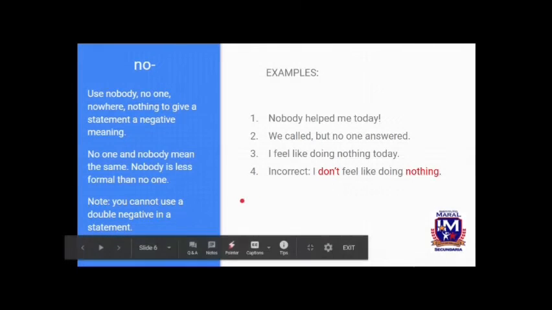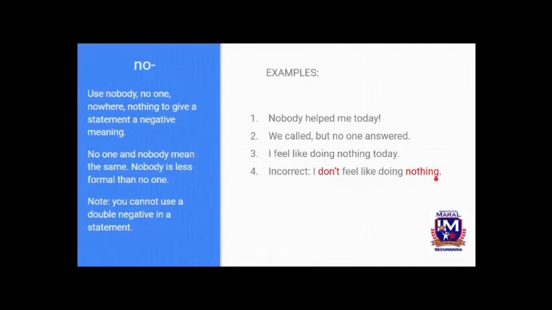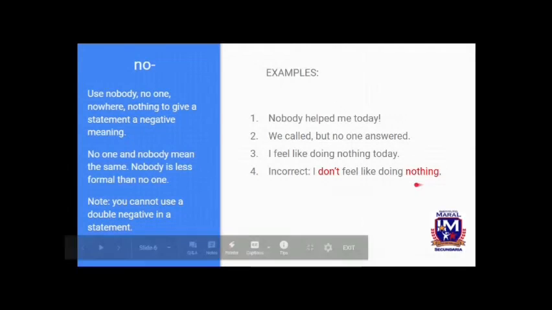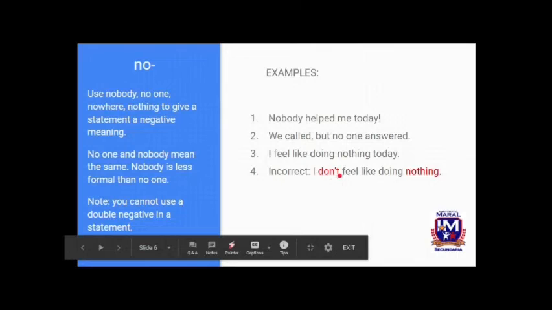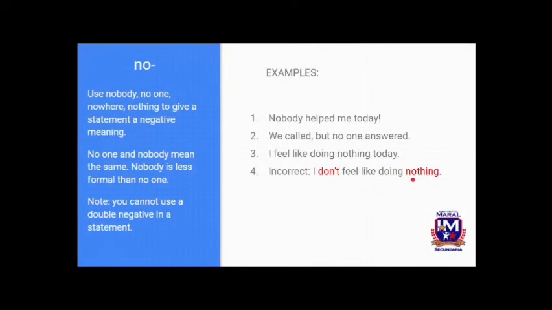Number 4 is a typical mistake we make. If we say, I don't feel like doing nothing, people are going to understand what we're trying to say, but it is grammatically incorrect. Remember that if we have a negative statement, as here, I don't feel like doing, the correct answer would be anything.